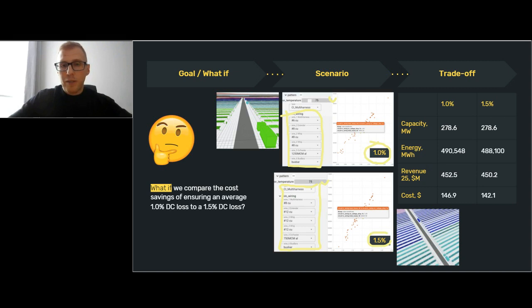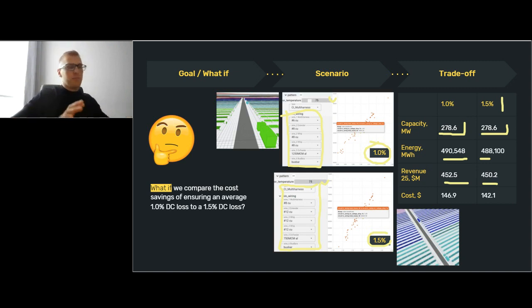As you see here, the capacity is the same, but the energy is obviously a little bit different. You have bigger losses here, and this is why you have less energy. Revenue is also different: less energy, less revenue.